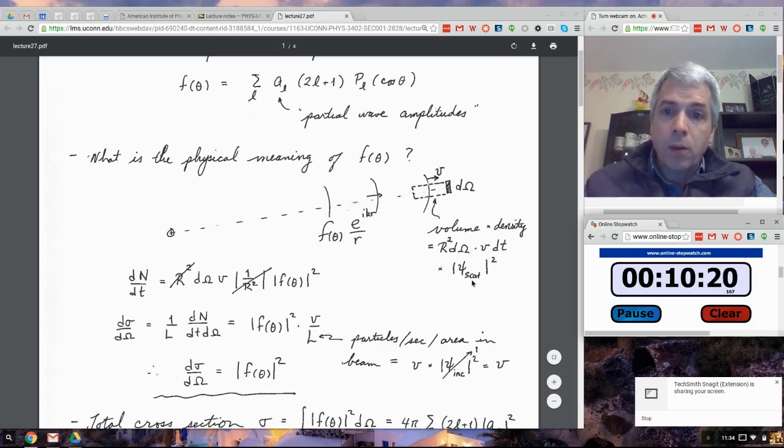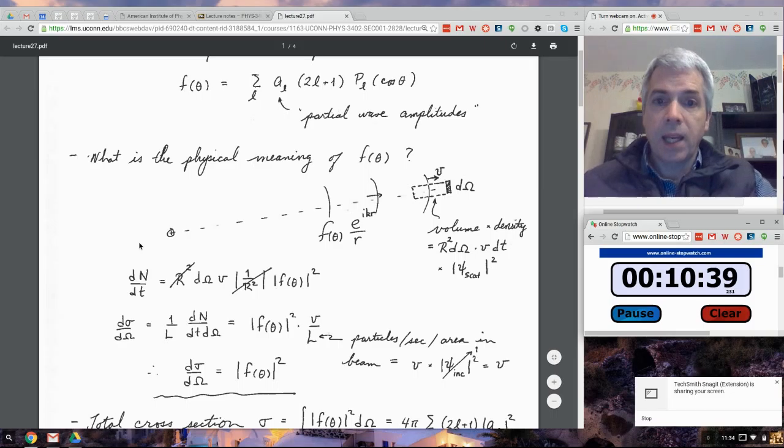But now it's particles per unit area, so we don't need the r squared d omega. That's the area unit, and that's going to be divided. So all we are left with is the v term, where the unit amplitude tells us that psi star psi is 1, because it's just 1 times e to the ikz. There's no f of theta out here. Then L is nothing more than v. This term becomes 1.